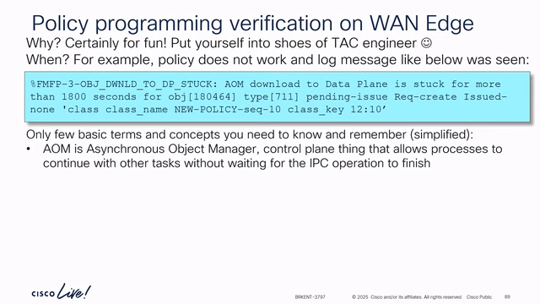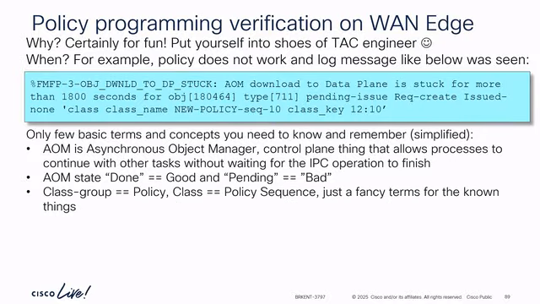That's why it's asynchronous. It has two major states: AOM done and AOM pending. Done is a good state, everything is done. Pending is a bad state, we are still waiting for something. If we are waiting for too long, it means something bad is happening.